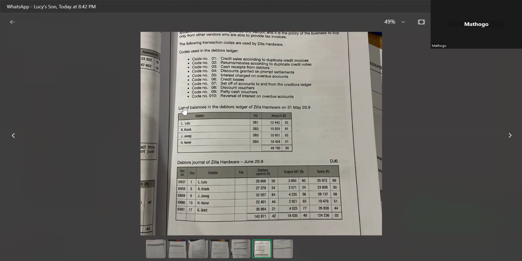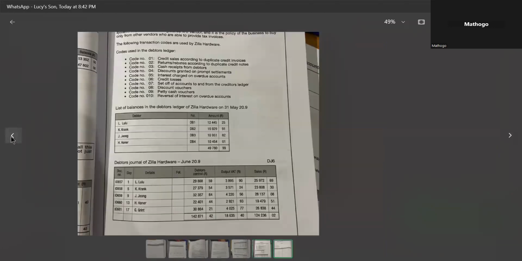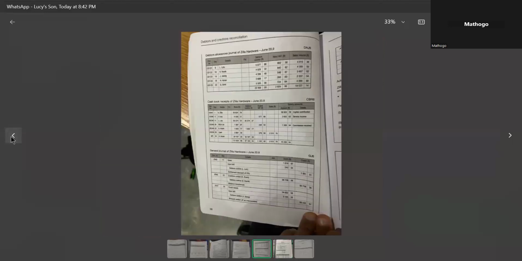Which is why, for instance, you've been given the list of debtors in the debtors ledger of Zilla Hardware as on when? 31 May 20.9. Dates are very important. So 31 May 20.9. These are the balances we have. I want us to see this ledger account that they want us to do. It's for which month?